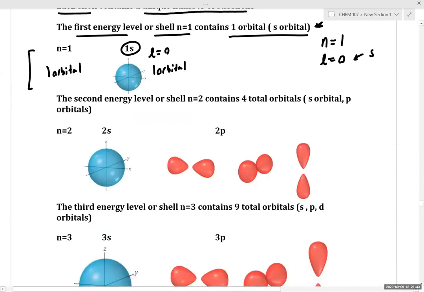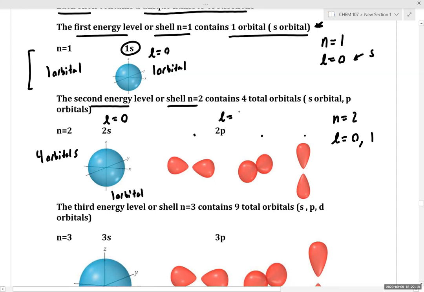Now, if we look at the second energy level or shell, n equals 2, how many total unique orbitals do we see? 4. So we have 4 orbitals present. That's because for n equals 2, we can have L equals 0 and L equals 1. L equals 0 are s orbitals, where we have 1 orbital.